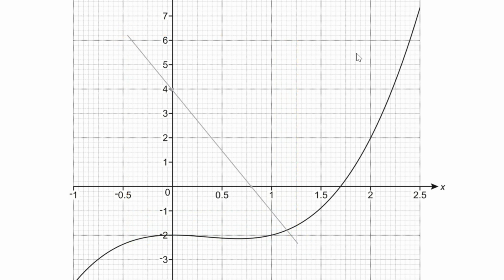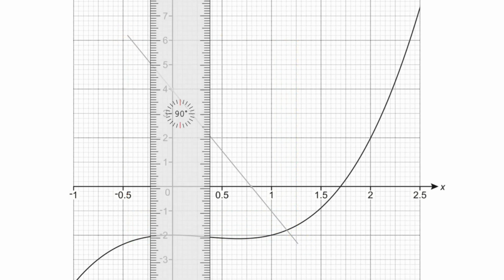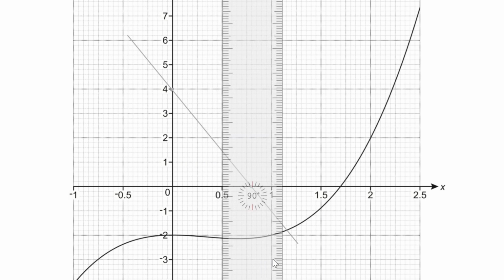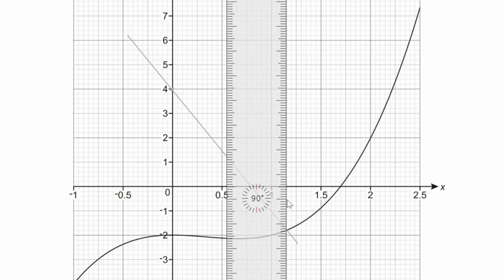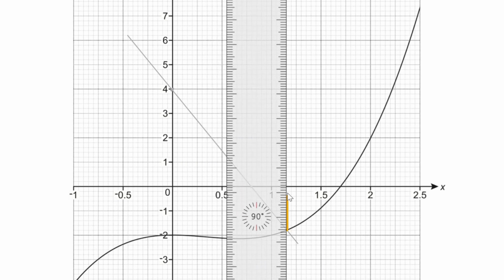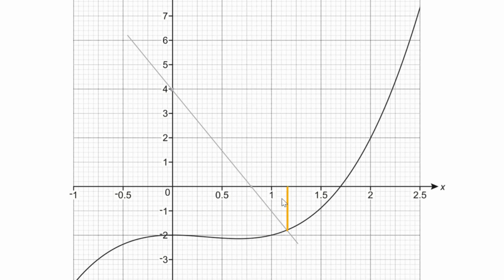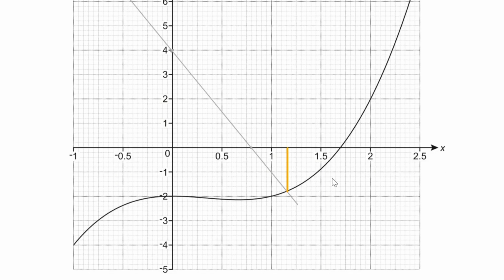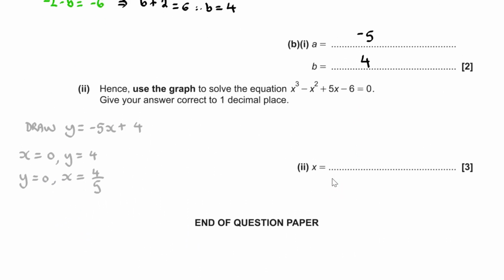Here is our value, and if we find the x value from here, what you can hopefully see is we've got 1.1, 1.15. So we've got over here x equals 1.15, which to one decimal place is equal to 1.2.